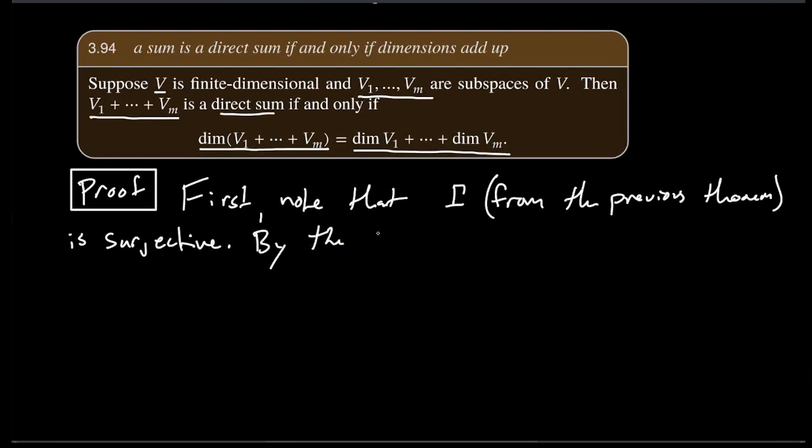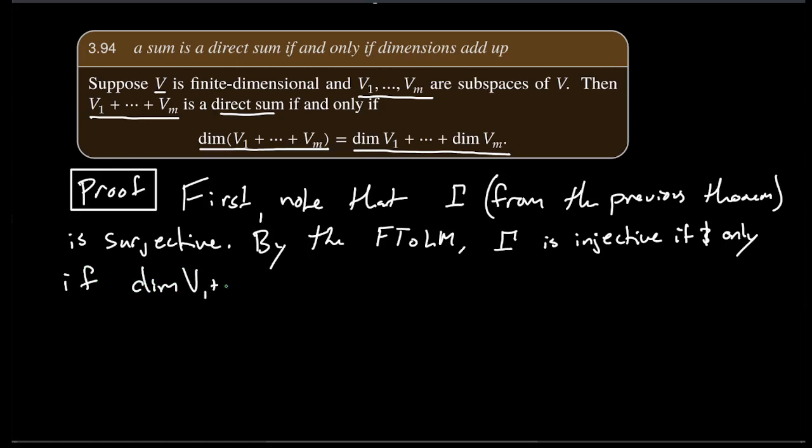By the fundamental theorem of linear maps, we now know gamma is injective if and only if the dimension of V1 plus dot dot dot all the way down through Vm is equal to the dimension of V1 times dot dot dot all the way down Vm.